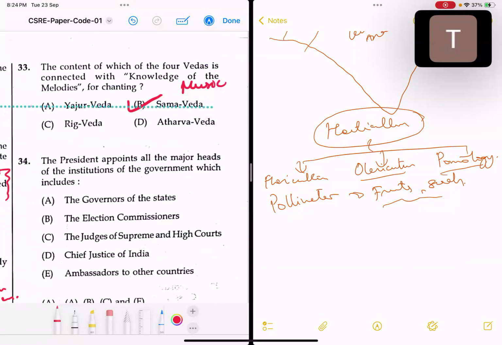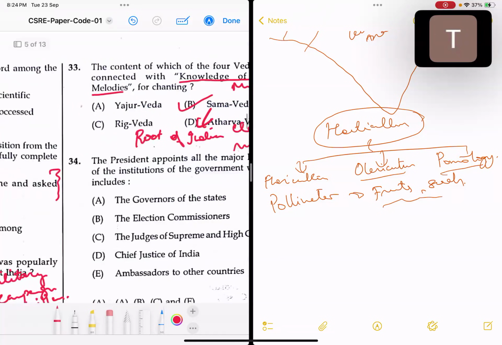And in fact, it has been written in such a way that there is some melody or tone to it also. So the correct option is Sama Veda, okay? And the knowledge of the Indian melodies. Even the root of Indian classical music can be found in the Samaveda.